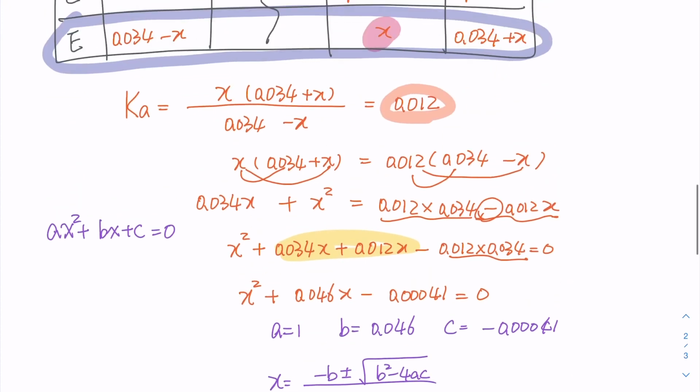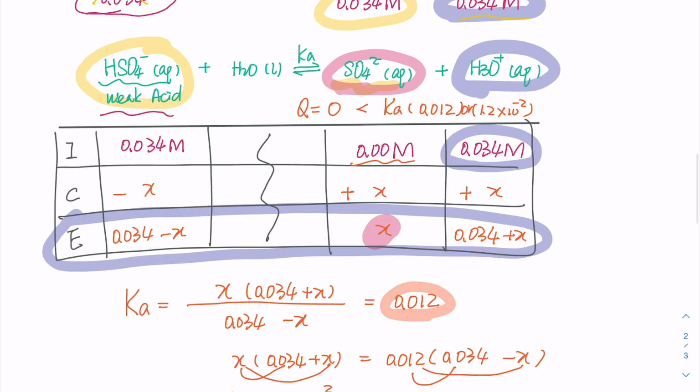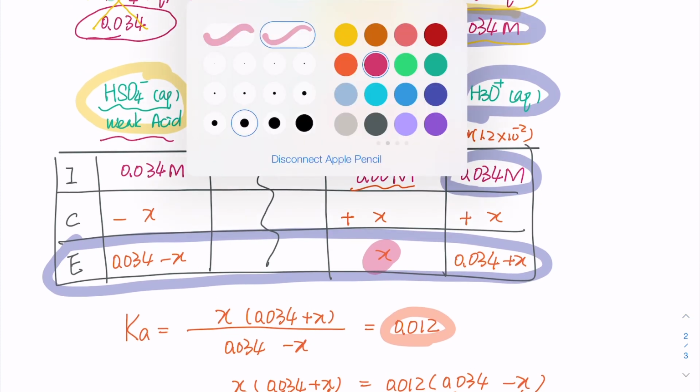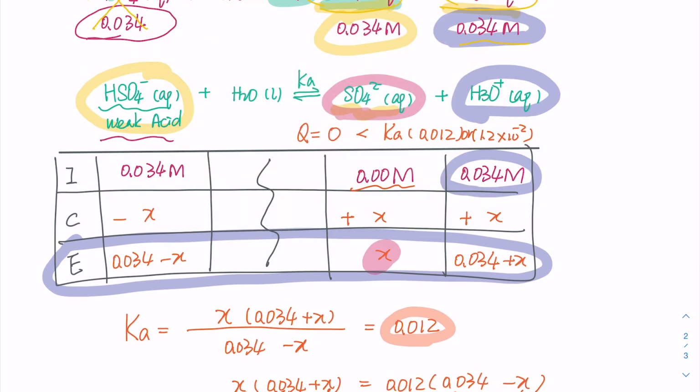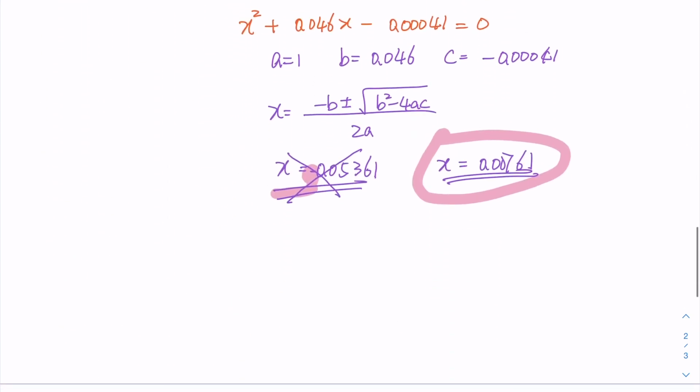Now you go, I just need to take the negative log. Wait a minute, let's see what this x is. If we want to calculate pH, what do we need? We need the hydrogen ion concentration, which means you add 0.034 and x together.